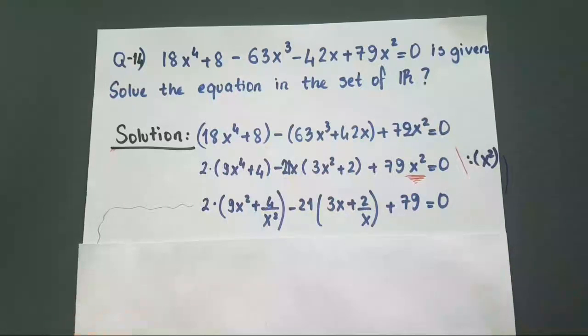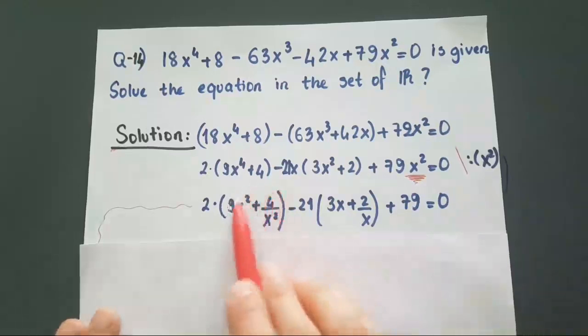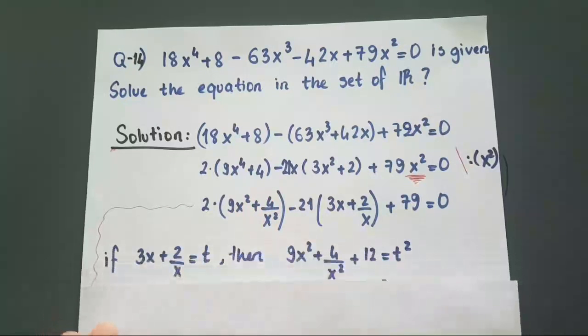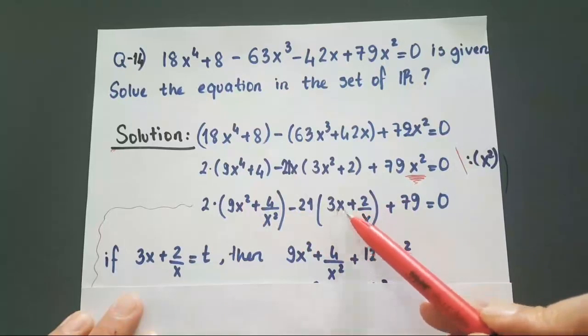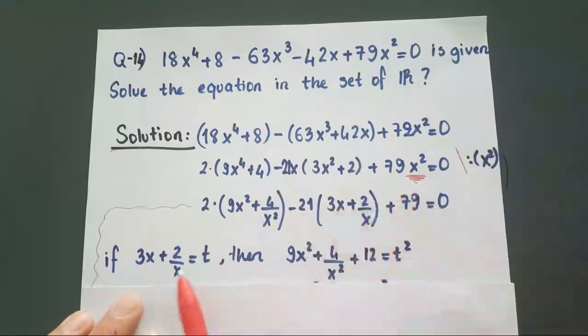Now, I can use a helping variable, right? It looks much better now. How am I going to write it? Look, if I assume that (3x plus 2) over x is equal to t, what will be the square of this?